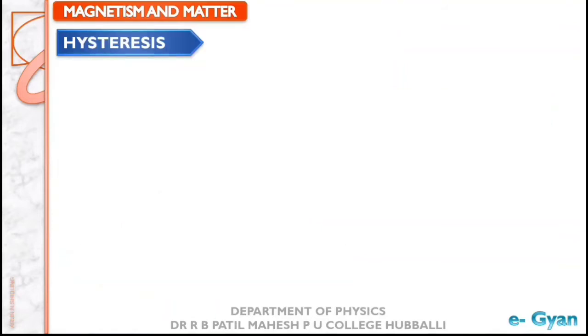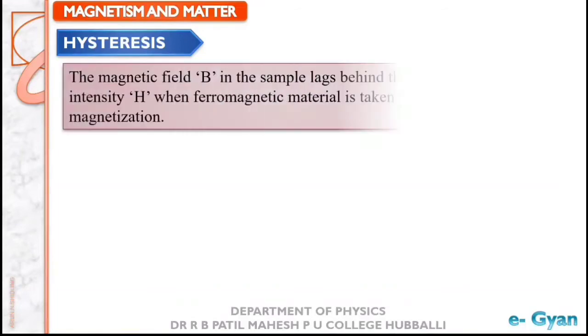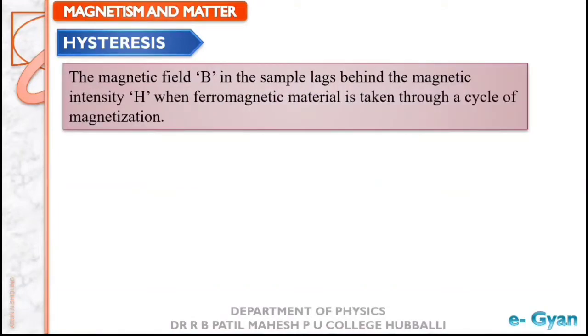Moving ahead, now let us study hysteresis. The magnetic field B, that is the magnetic induction in a sample, lags behind the magnetic intensity H applied from the external source, when a ferromagnetic material is taken through a cycle of magnetization.